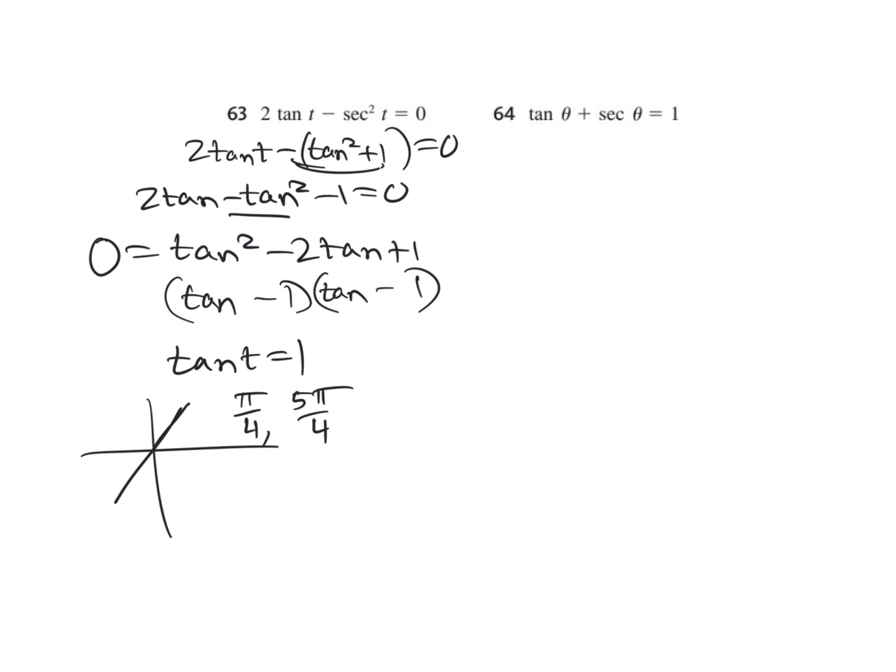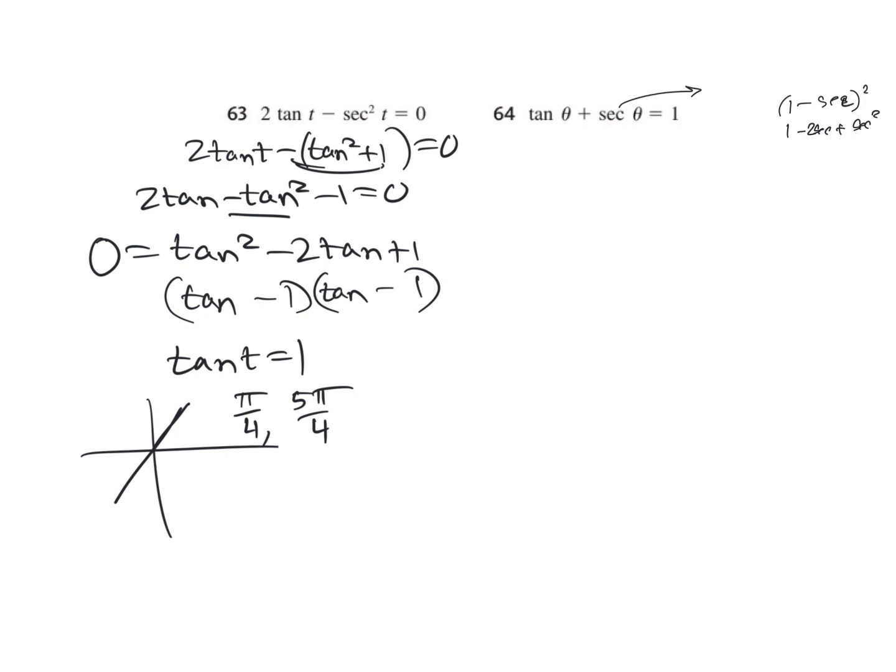Okay, on 64, we have tangent plus secant, and if we look at this and say, oh, let's just subtract secant, we'll get 1 minus secant, and then we can square both sides. But the problem is, you'll get a 1 and a secant squared, but you'll get the inside to be like minus 2 secant, and it doesn't make it go away.